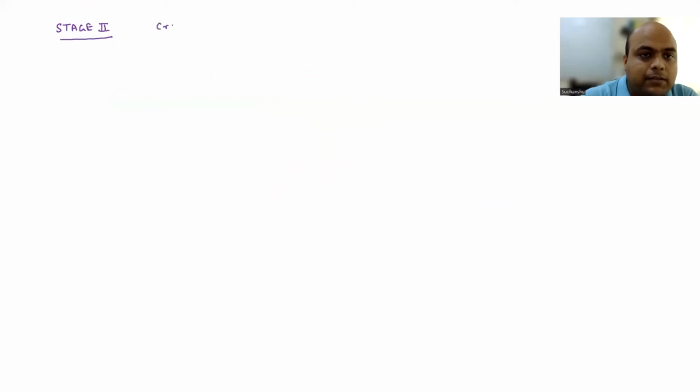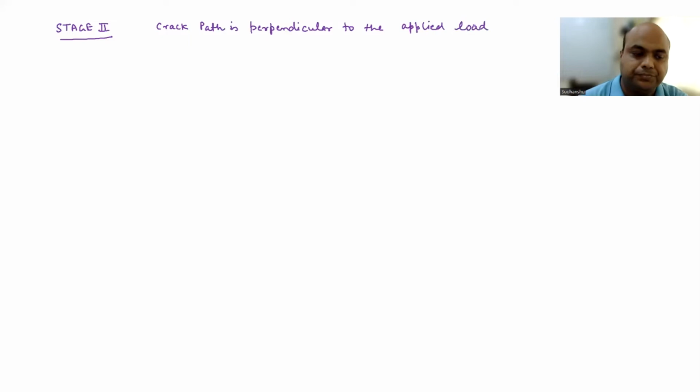So here the track path is perpendicular, or more or less perpendicular, to the applied load. Okay. And why is this happening? So now you have increased track length, right? That means delta K has increased.